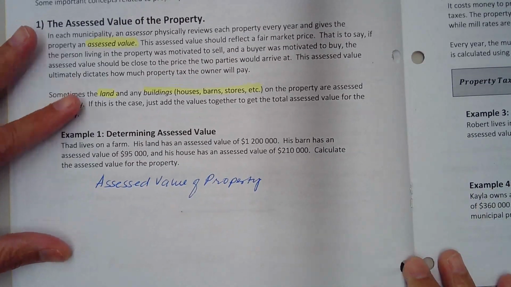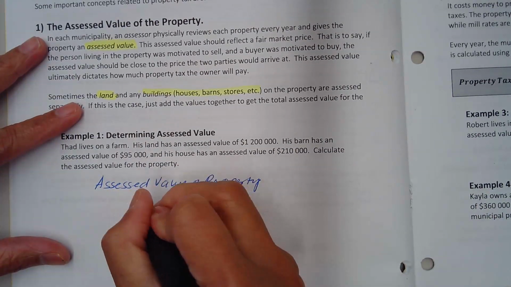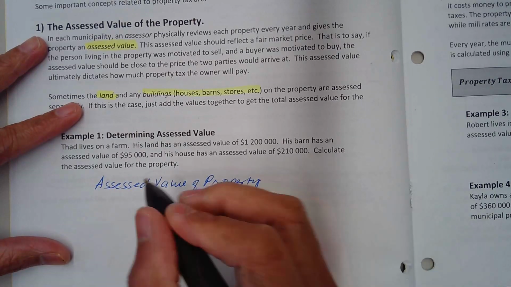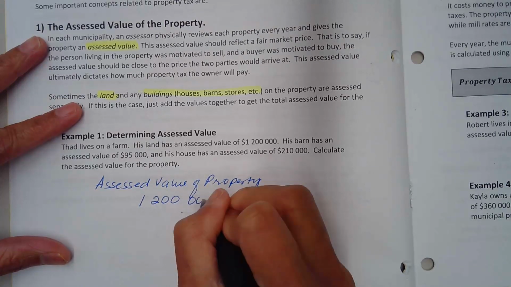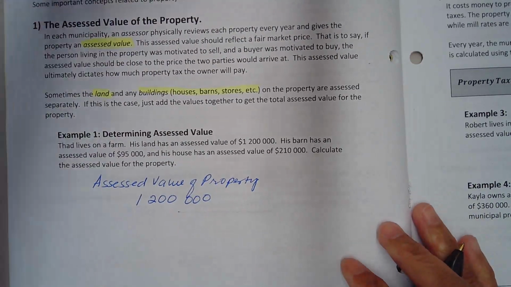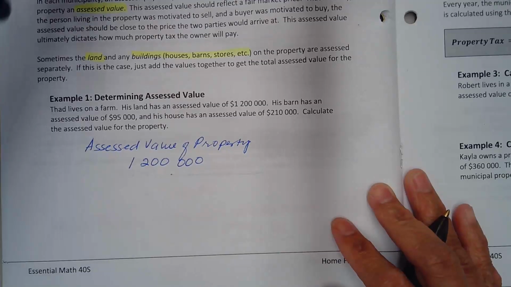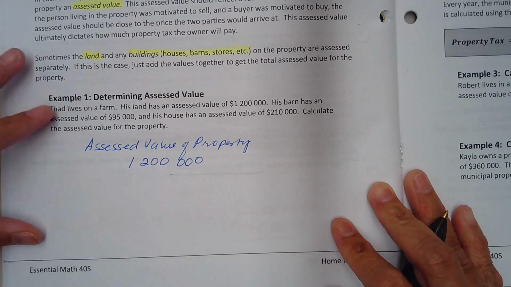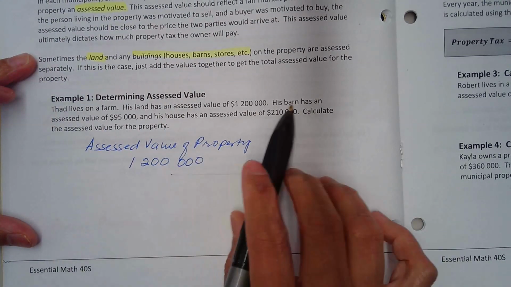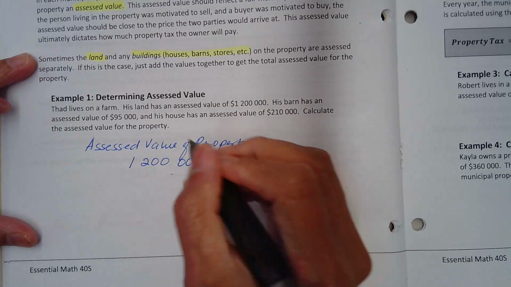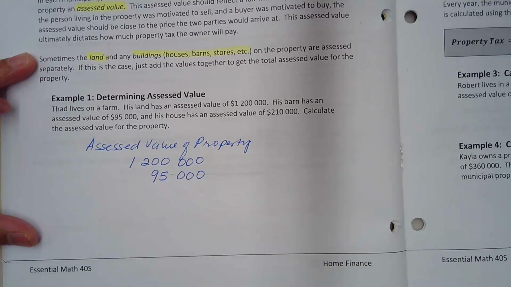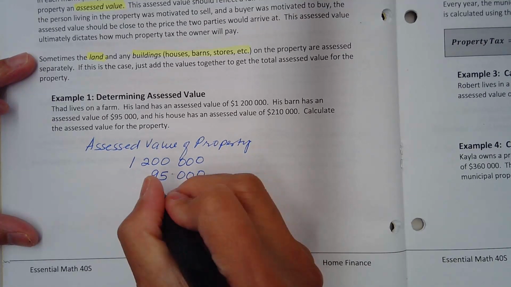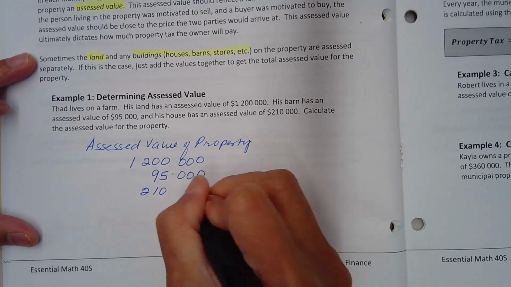Okay, so for the assessed value of the property, we have the farm, the land itself, 1,200,000. And then within that farm there is a barn that is worth 95,000. And then within that farm there is a house which is worth 210,000.